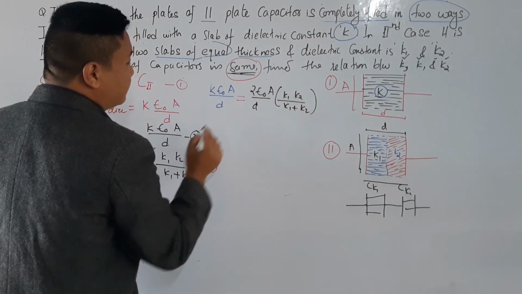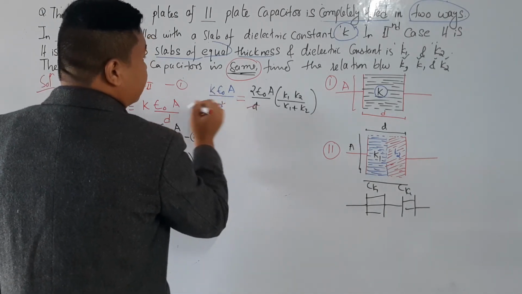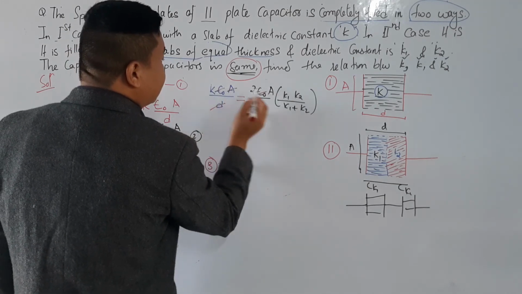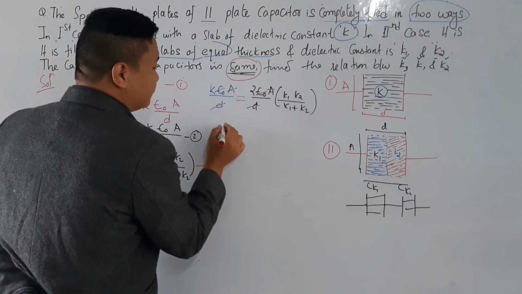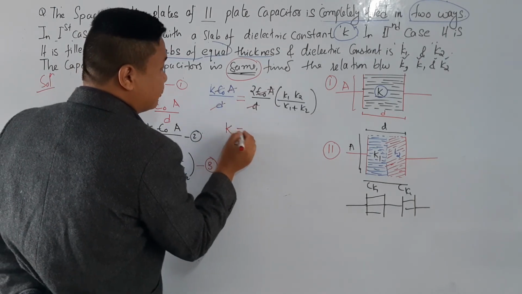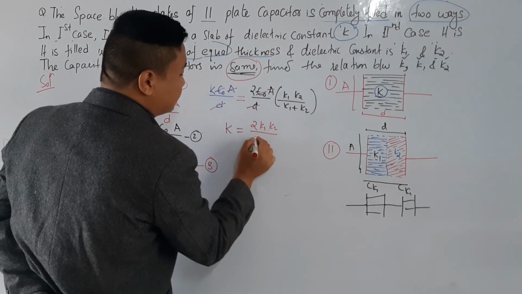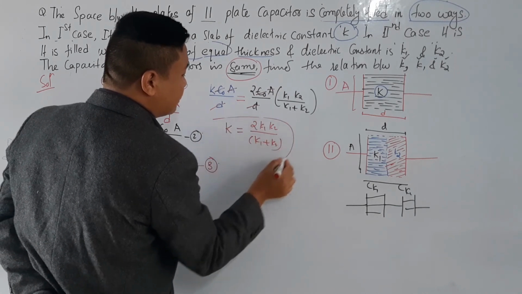Now D cancels, epsilon naught and A cancel. Then what is the relation? The relation is that K is equal to 2 K1 K2 divided by K1 plus K2. So this is your answer.